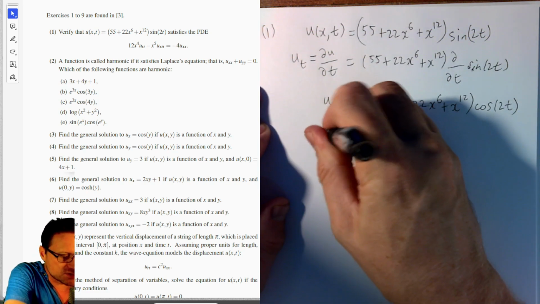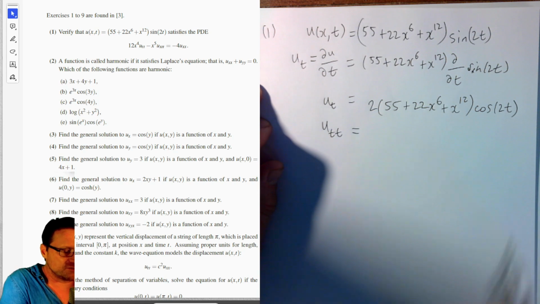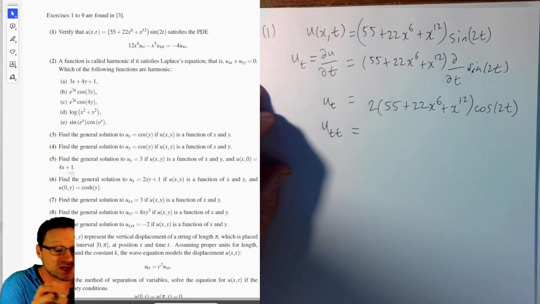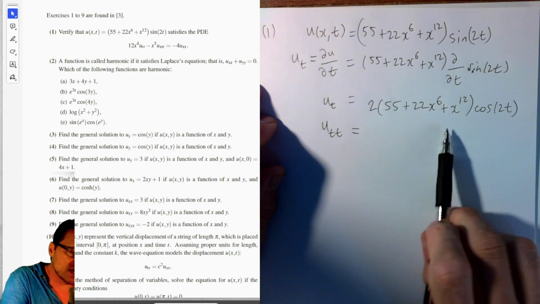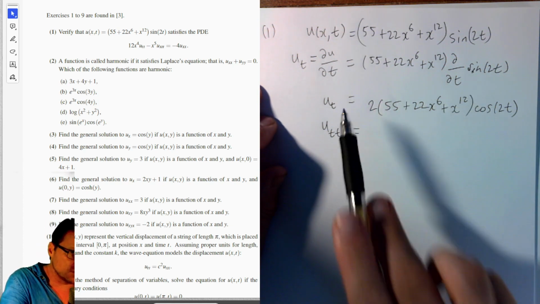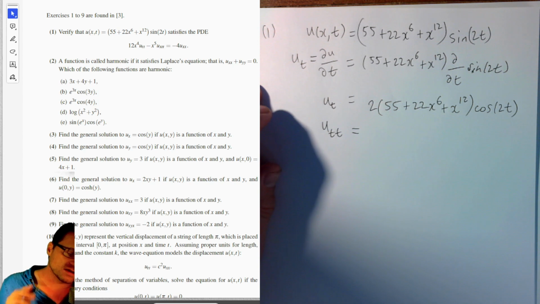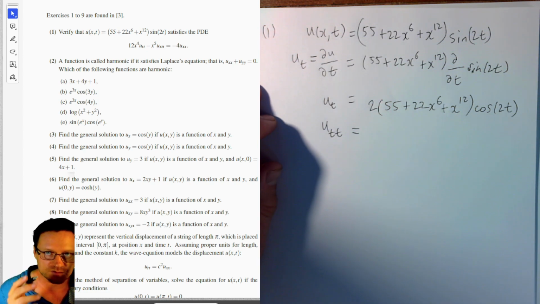Now u subscript tt is the second derivative partially of u with respect to t. So we just differentiate this again. Now, again, this is a function of x in front, so that can float through the differential operator, and we just differentiate cos of 2t with respect to t.